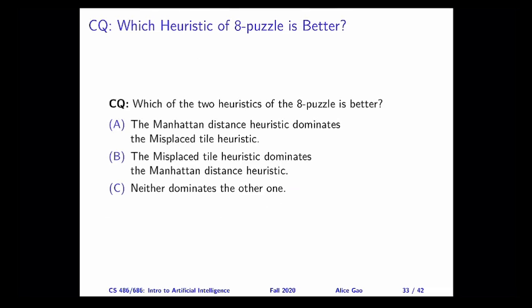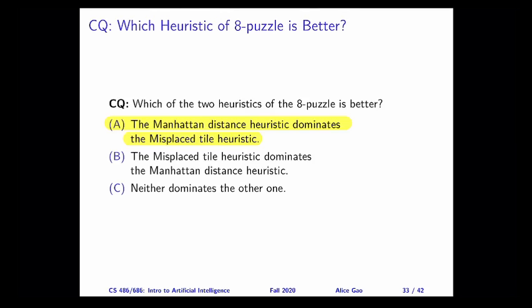The correct answer is A. The Manhattan distance heuristic dominates the misplaced tile heuristic. Here's the intuition. Given a particular state, consider each tile that's not in its goal position. The misplaced tile heuristic will add 1 to the heuristic value for each such tile.